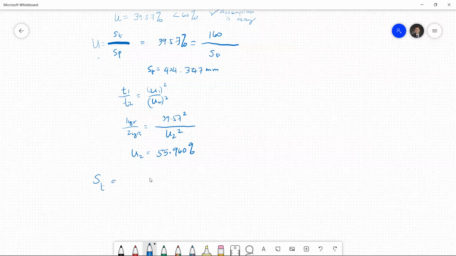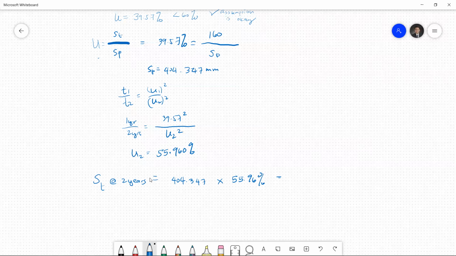Therefore, your ST at 2 years is equal to 404.347 multiplied by 55.96%.